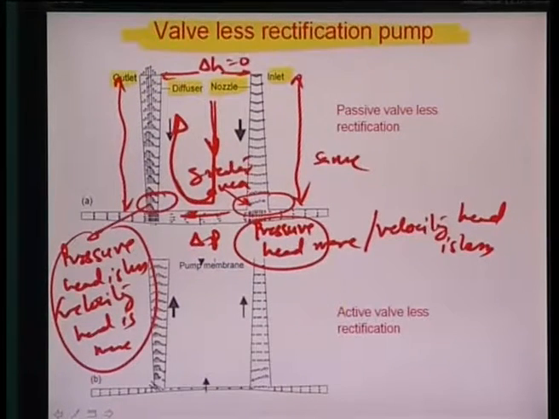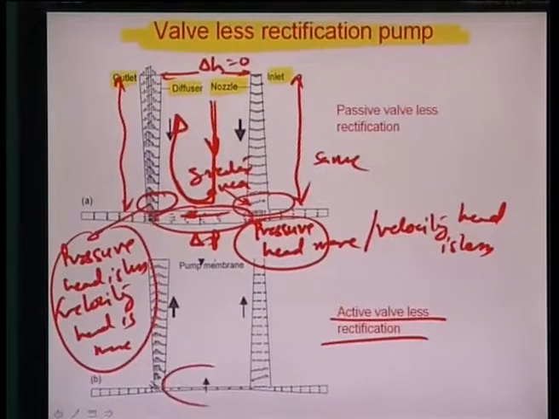Similarly, the fluid can move in the opposite direction as well, if you change the geometry here. Also, there can be active valveless rectification systems wherein this microchannel area is further changed using a peristalsis effect. So, not only is there a pressure head, but also a continuous force which vibrates the membrane and compresses it, so that the fluid inside goes towards the higher velocity head side or lower pressure head side.